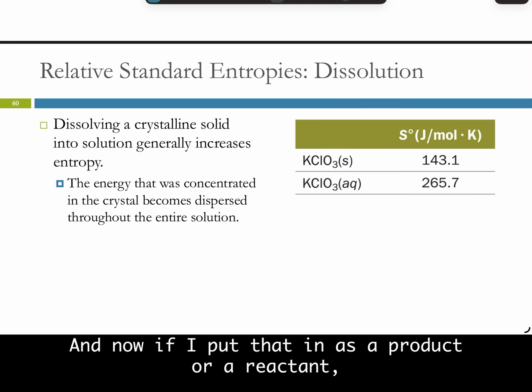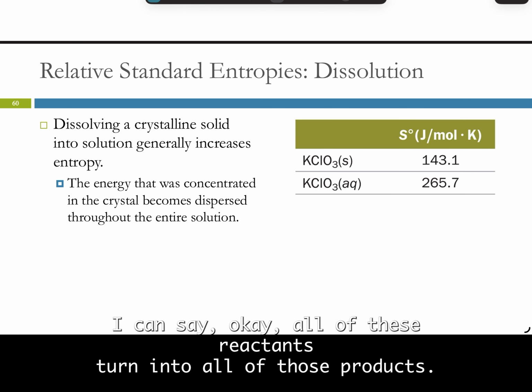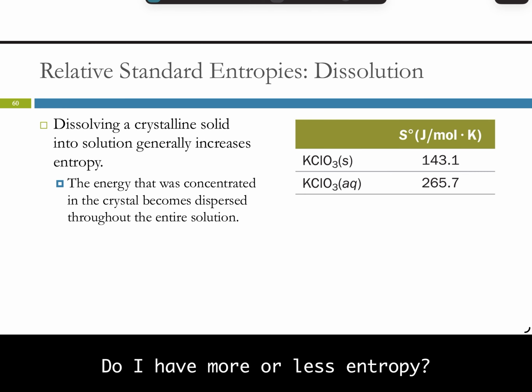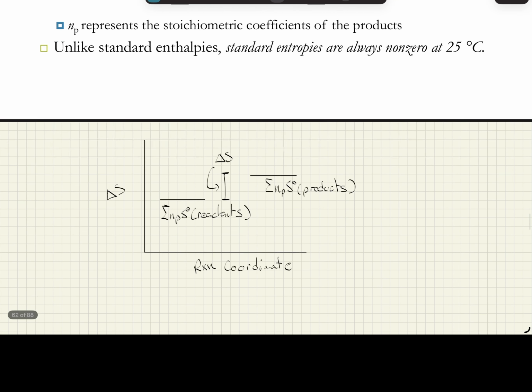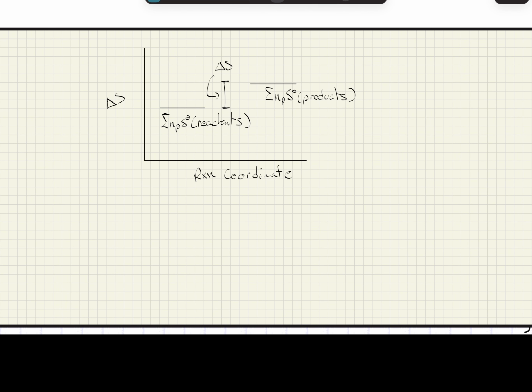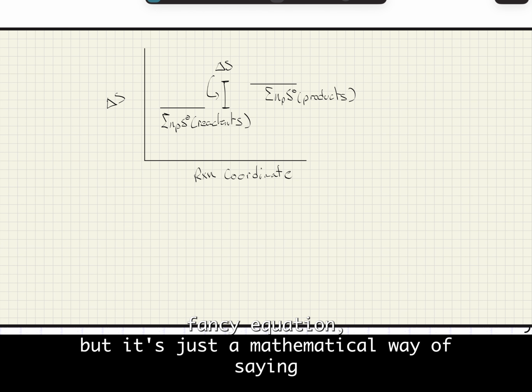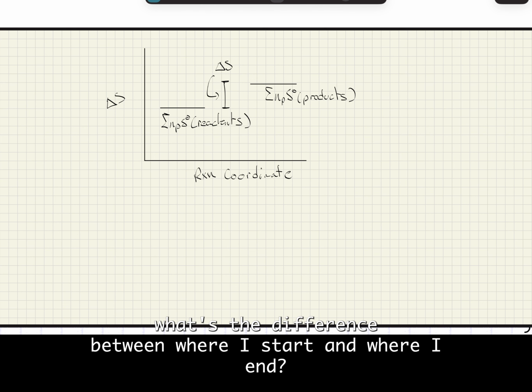And now if I put that in as a product or a reactant, I can say, okay, all of these reactants turn into all of those products. Do I have more or less entropy? So it looks like a big fancy equation, but it's just a mathematical way of saying what's the difference between where I start and where I end.